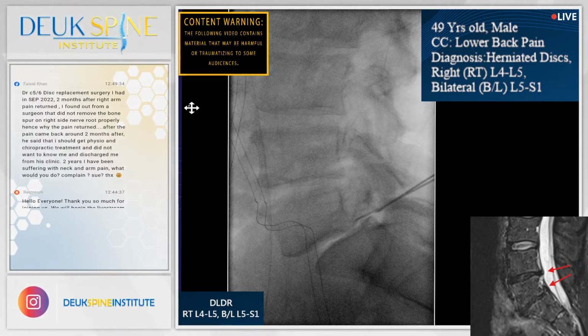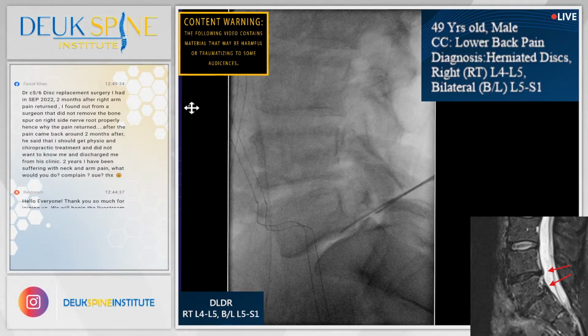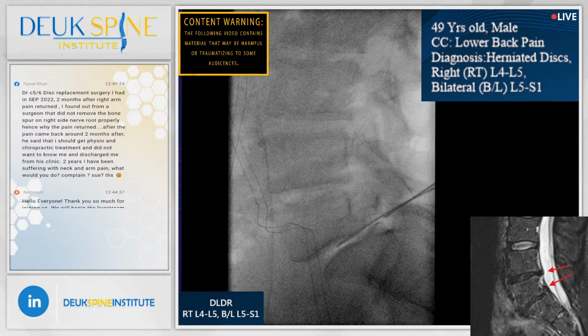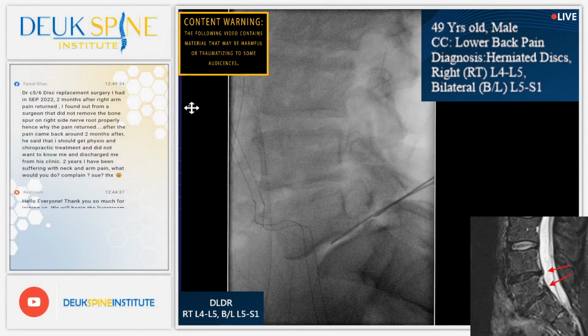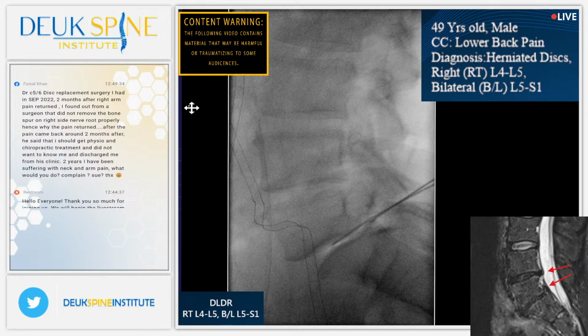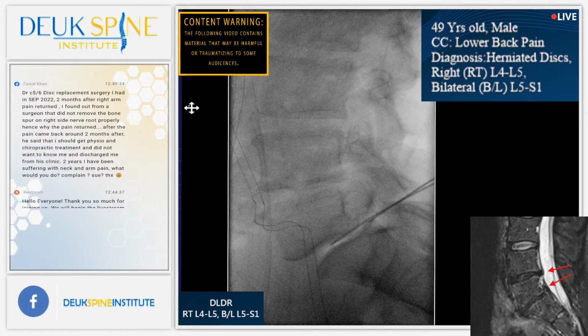Where do you feel it? Lower right side, back. Travel into your legs? Not in your leg. No. Wonderful. Any pain? Where is it?